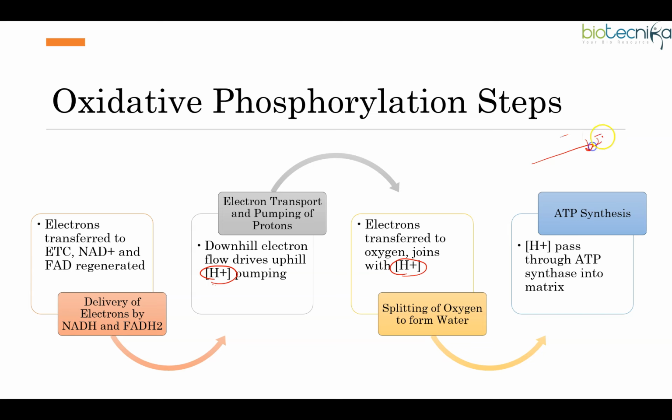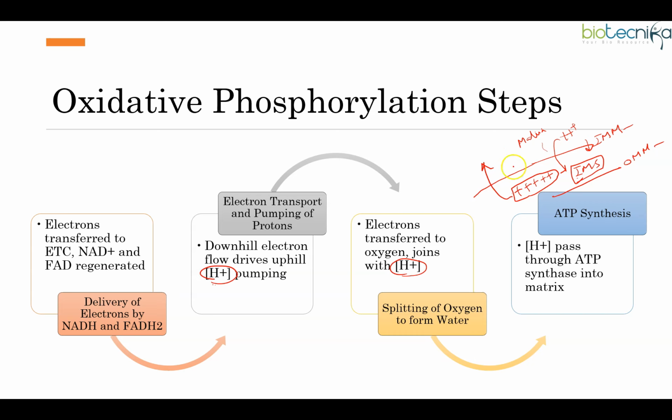As I said, the H plus ions are transported from the matrix side towards the intermembrane space, which is the space present between the inner mitochondrial membrane and outer mitochondrial membrane. When H plus ions are transported into the intermembrane space, their concentration increases here, which leads to the formation of a positive proton gradient. And this proton gradient tries to balance itself by coming back to the matrix.